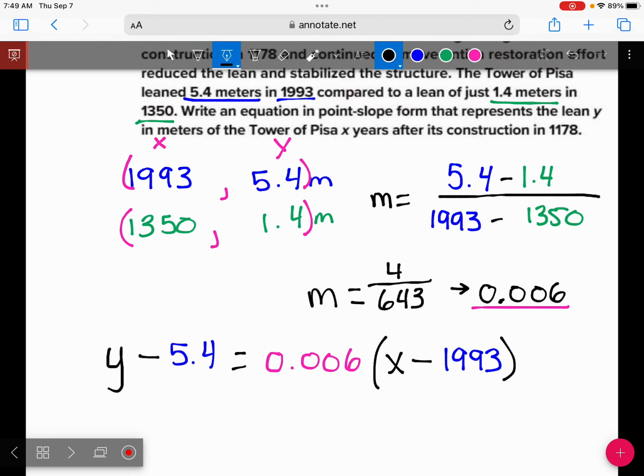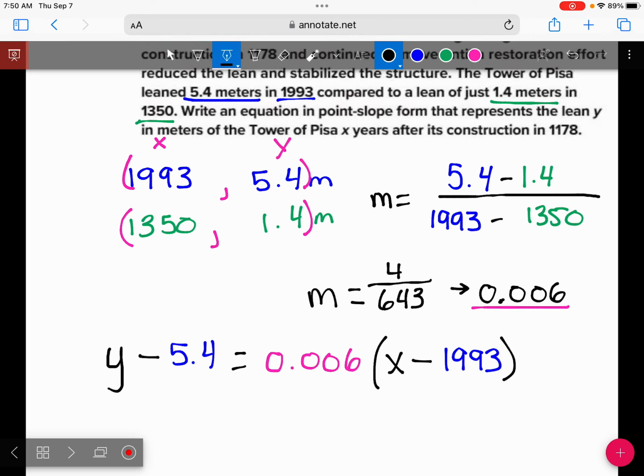And what this will do is give us an equation where I can take any year. I could put in 2021. I could put in 2023. I could put in 2050 and see what would happen in the future. And see if they hadn't stopped the tilting, how far would it have been tilted now? Because they did stabilize it in 1993, so it stopped leaning.